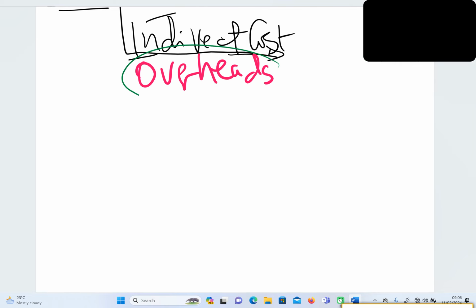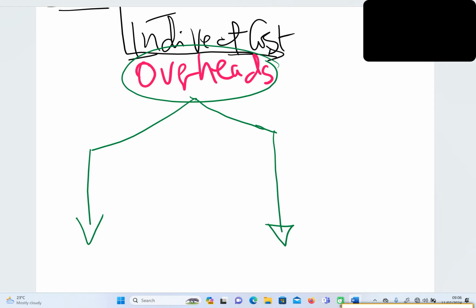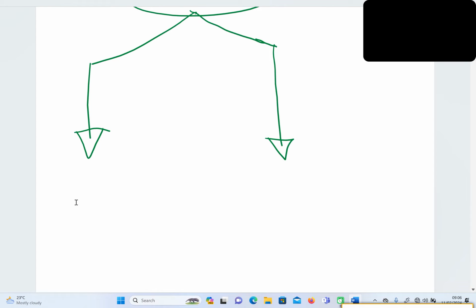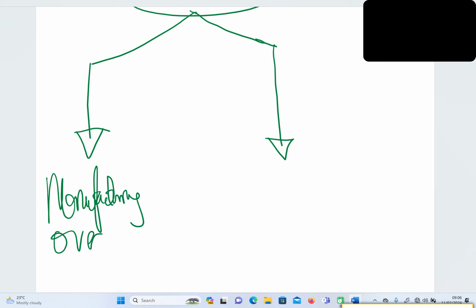On this overhead, there are two categories also. The first category is manufacturing overheads.